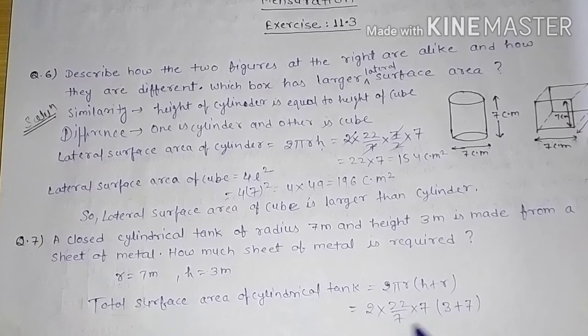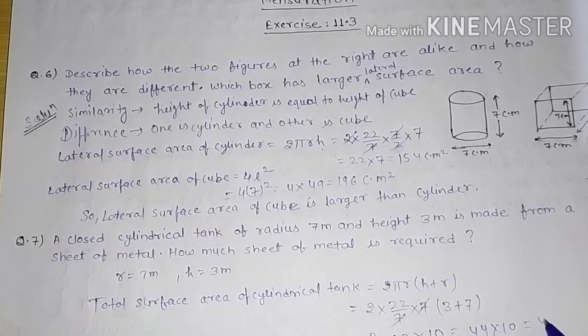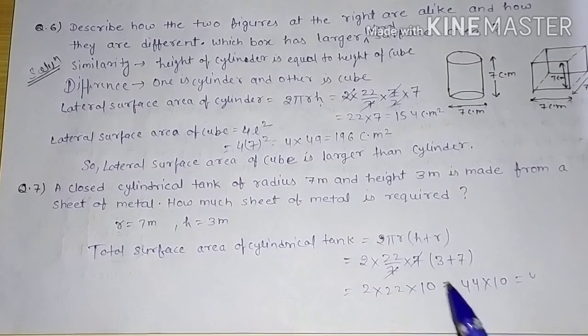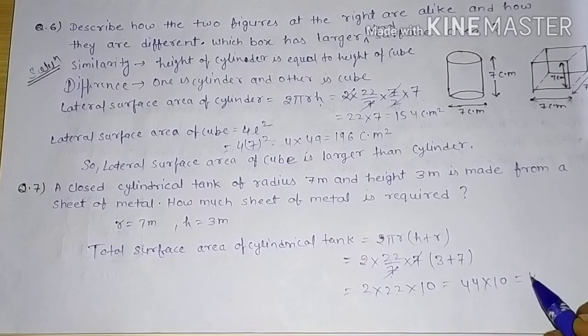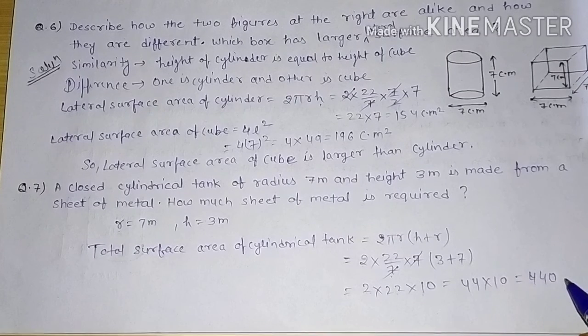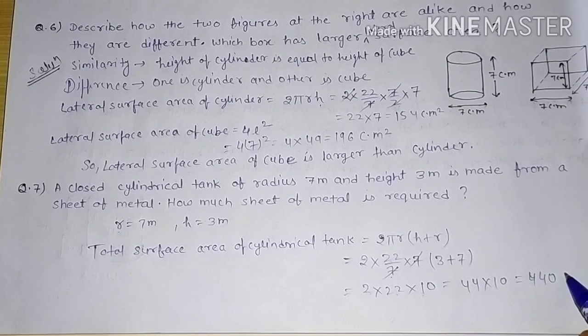Now just simplify it. So 7 and 7 cancel out. 2 into 22 into 3 plus 7, that is 10. Now 2 times 22 is 44, and 44 into 10 is 440 meter square.